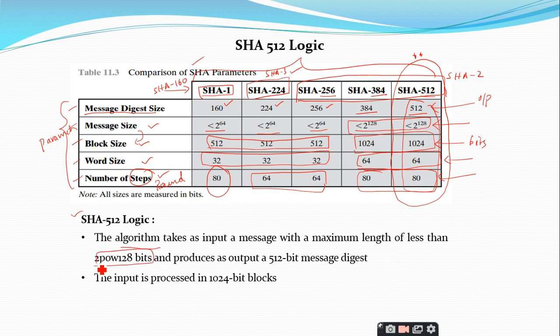This is what we discussed here, the message length. And the output it is going to produce is the message digest, which is just a 512-bit message. You can see here that the message length is less than 2 power 128. So anything less than 2 power 128 is accepted, that is the variable length message it is going to accept.